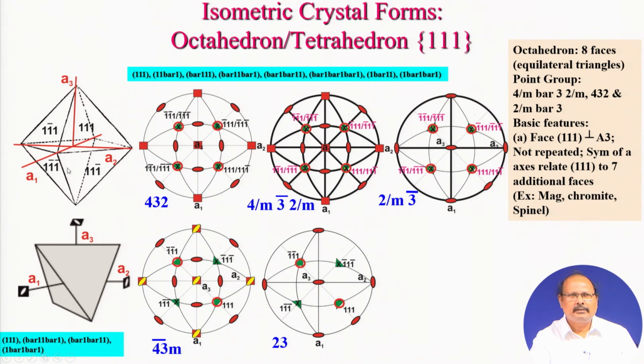You can also appreciate these 2 faces here. This face intersects the positive direction of A1, positive direction of A2 and the negative direction of A3. So, it will have a symbol of 1 1 bar 1. Whereas this triangle is the one which intersects the negative direction of A3, the positive direction of A1 and the negative direction of A2, and will be given a symbol of 1 bar 1 bar 1.